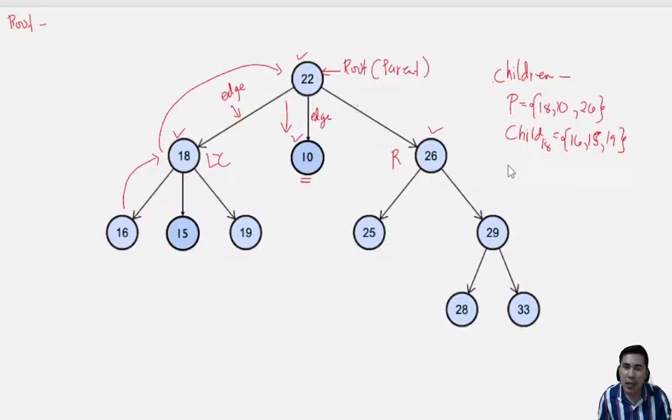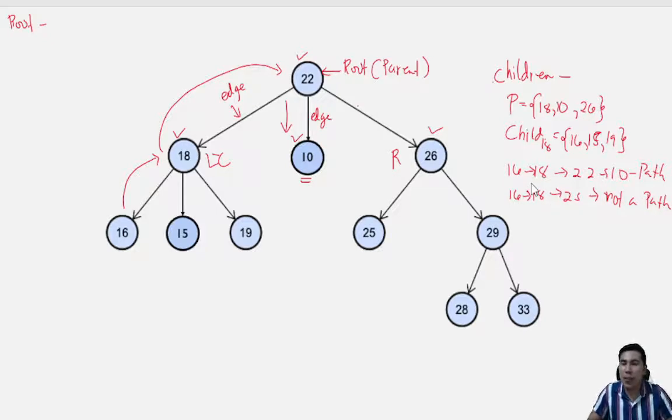Traversing 16 to 18 to 22 and to 10 is actually a path. If I say 16, 18, and then 25, it's not a path. It's a non-path. So that's a path.